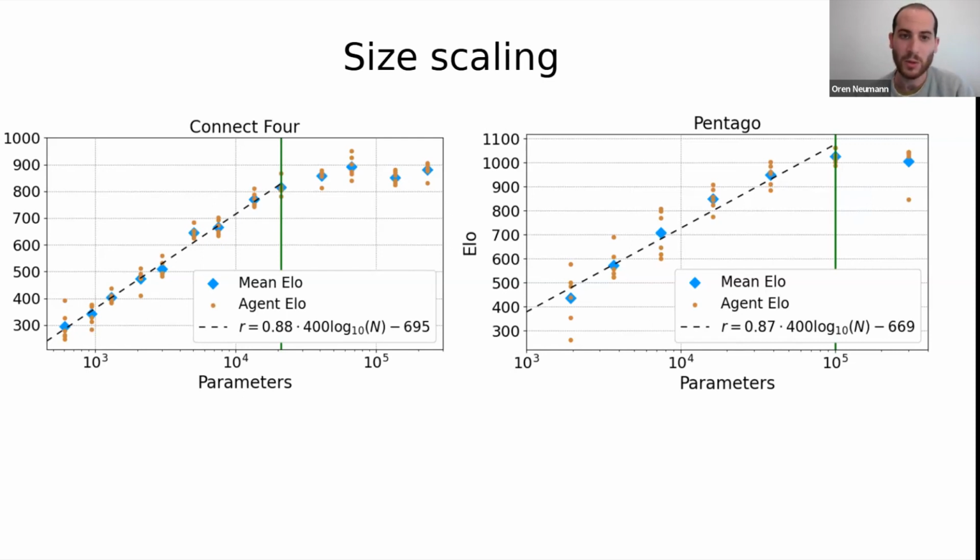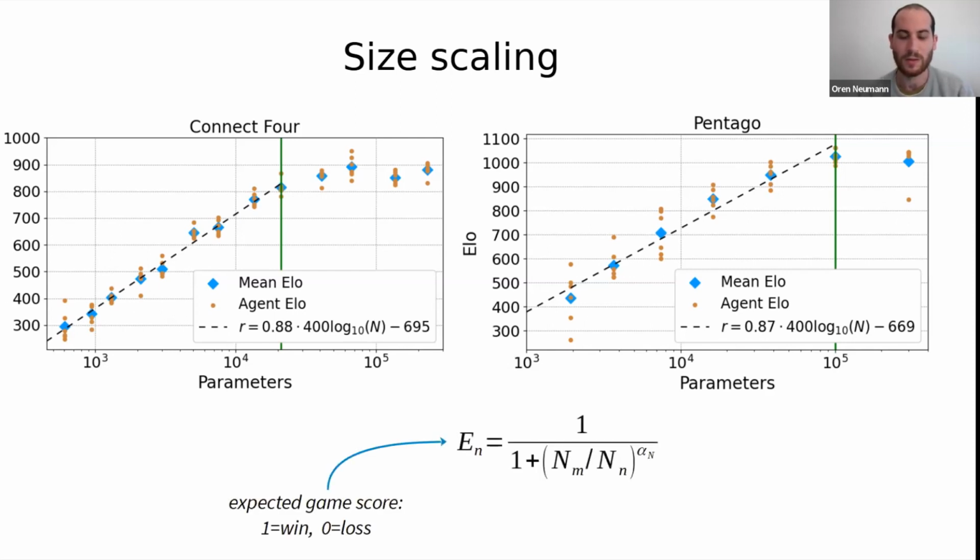And you can see that in both cases, you get a very clean logarithmic scaling of ELO with the number of neural network parameters for both games, and even with the same slope. What this means, I will not go into, but this is actually a power law. ELO is a logarithmic scale, and you can extract a scaling exponent out of it.